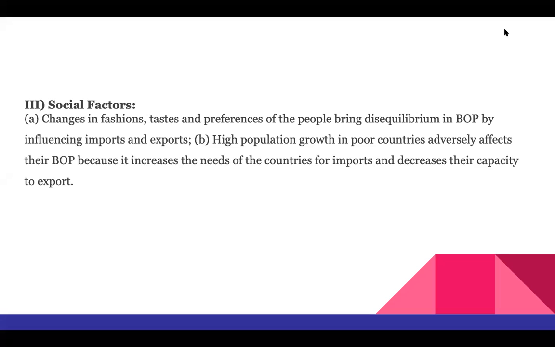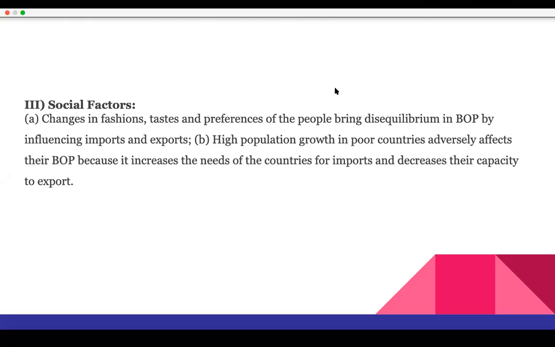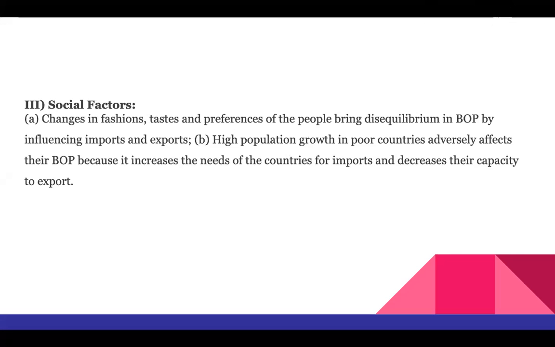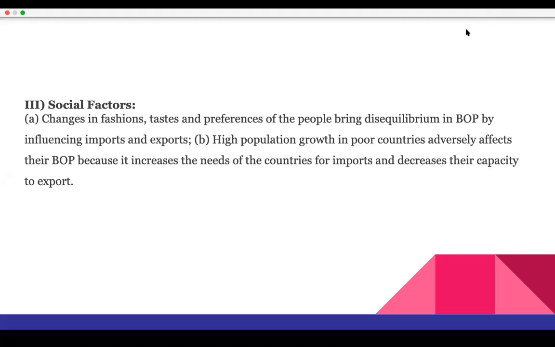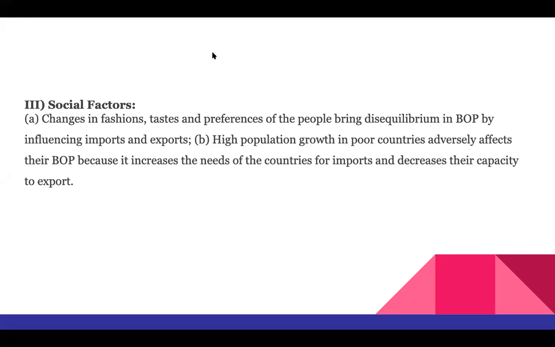Only when you produce, you can even think of exporting. When you start buying from outside, it is quite obvious that you are going to be importing them and satisfying your country's population demands. Any doubts so far?